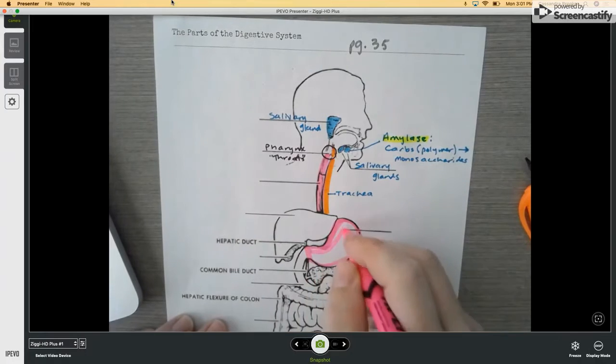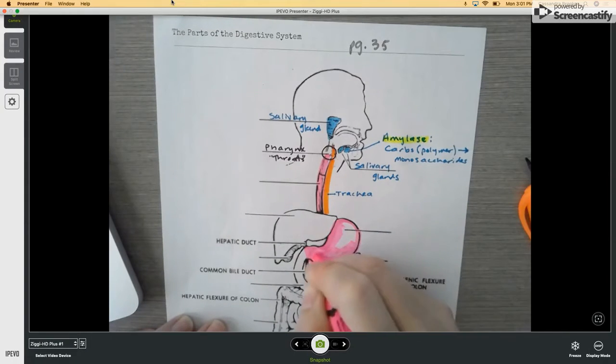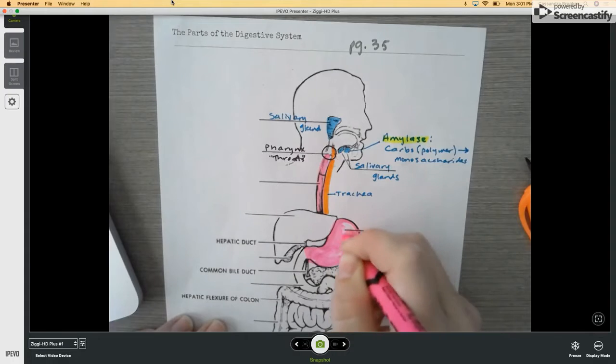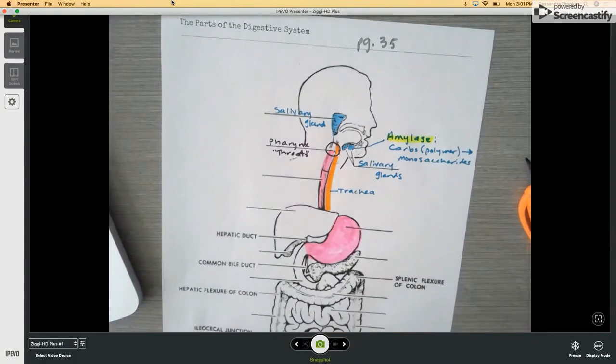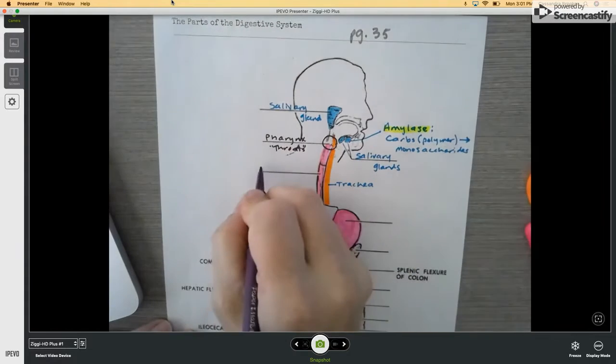I'll go ahead and fill that in. So let's take a second right now to label esophagus, and I have a quick little video about it.